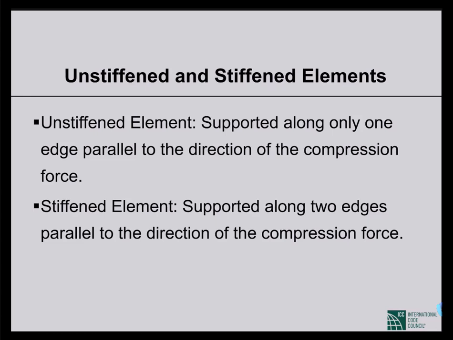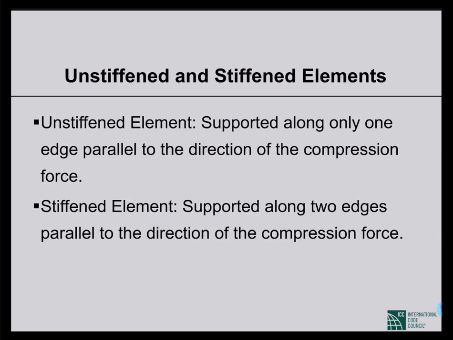Another important classification that we have to understand at the very beginning of steel structure design is unstiffened and stiffened elements, not members. We are not talking about stiffeners. This is not related to stiffeners.